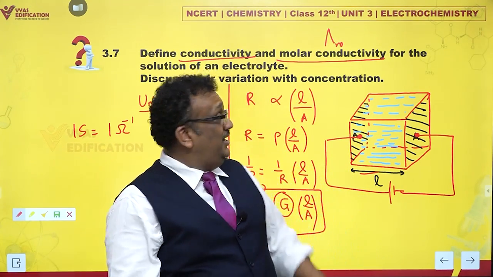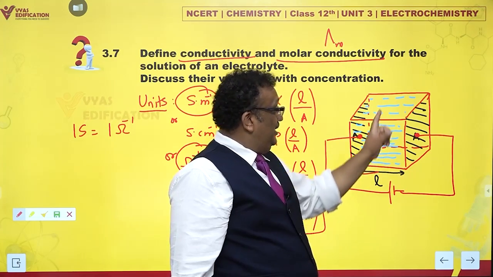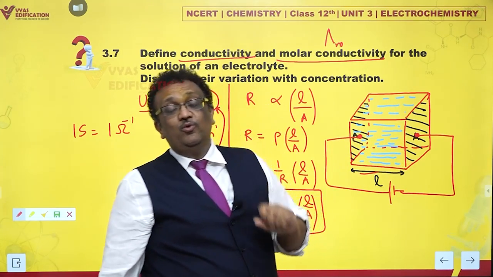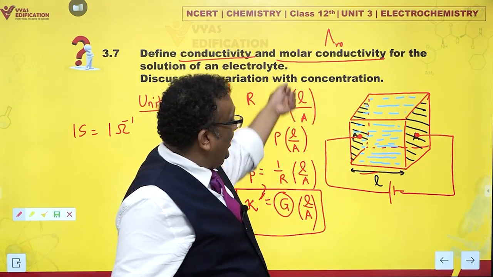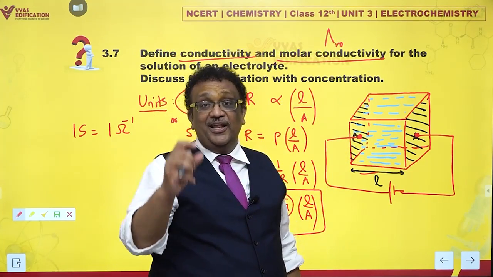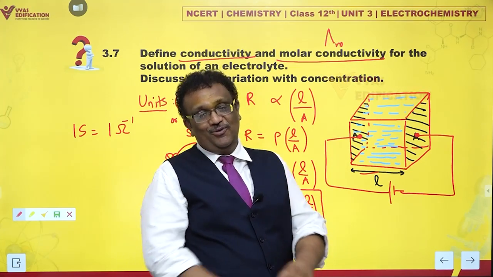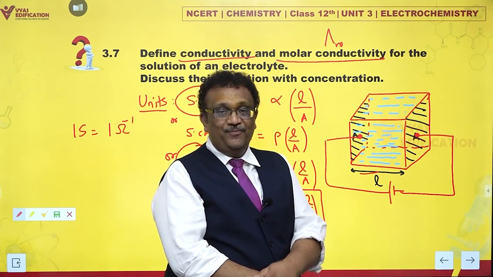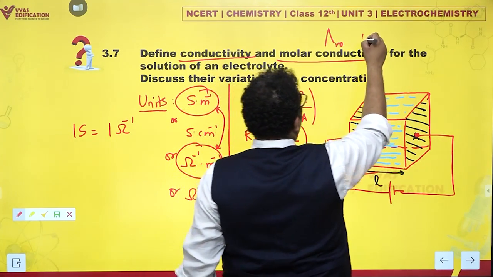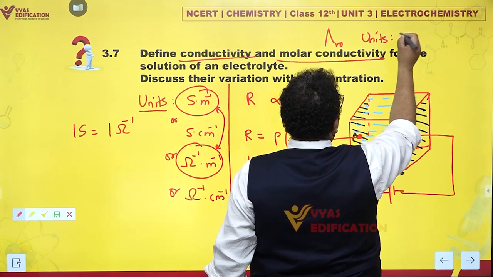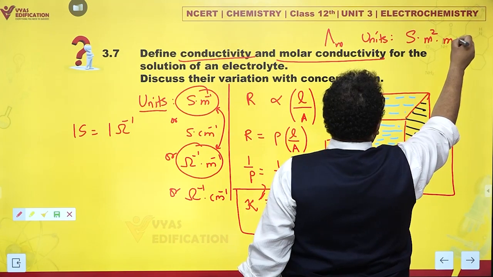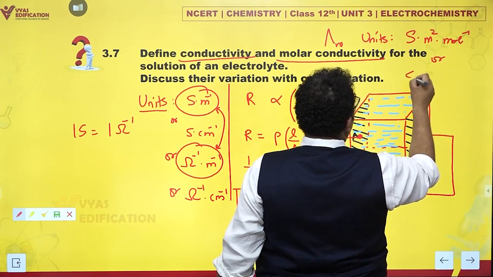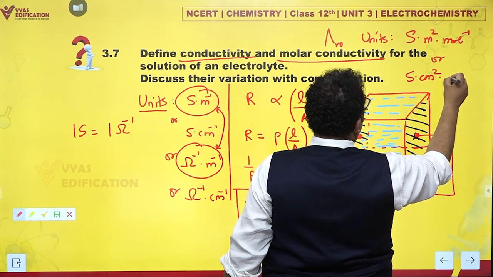Please note that in case of lambda m, area need not be unit area, of course, obviously. Why? Because you have to add enough solution so that it contains 1 mole of electrolyte. Right? What are the units? Units for lambda m are Siemens meter square per mole or Siemens centimeter square per mole.